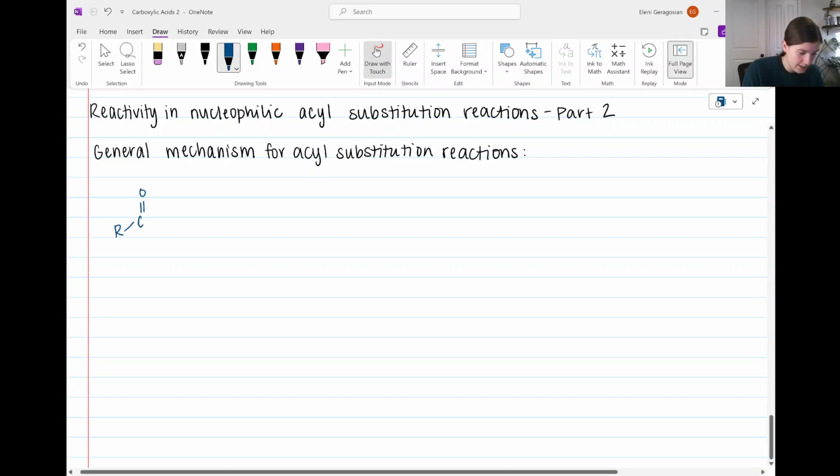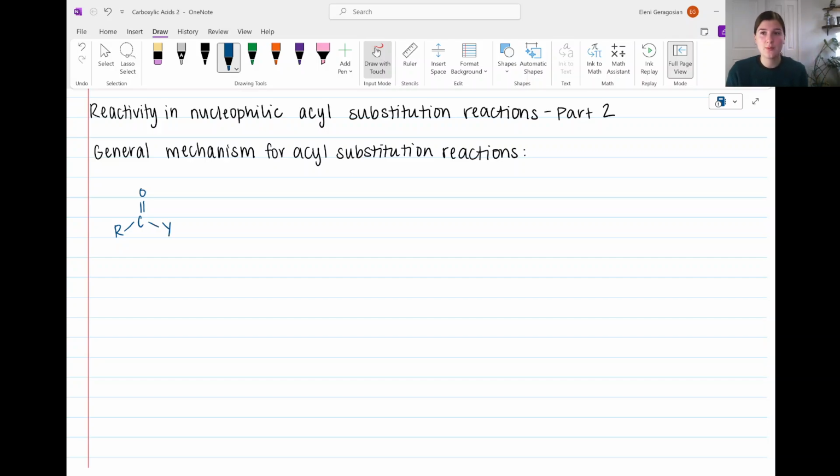So we have an acyl group, and the letter Y will represent the different groups that could be there. If we are starting with an amide, then Y is an NR2 group. If we are starting with an ester or a carboxylic acid, then Y is an OR group.